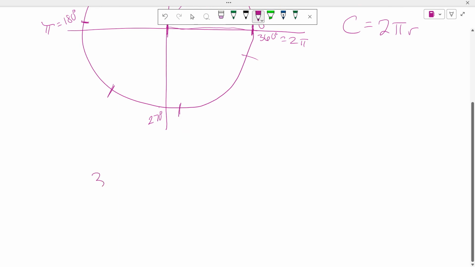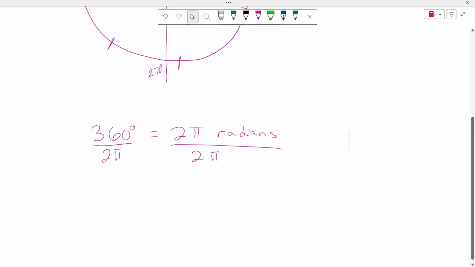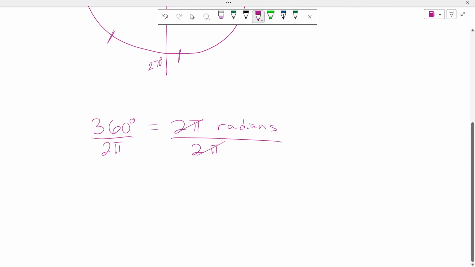In 360 degrees, there's 2 pi radians. So if we divide by 2 pi, 360 degrees over 2 pi is 1 radian. So we can figure it out that way.